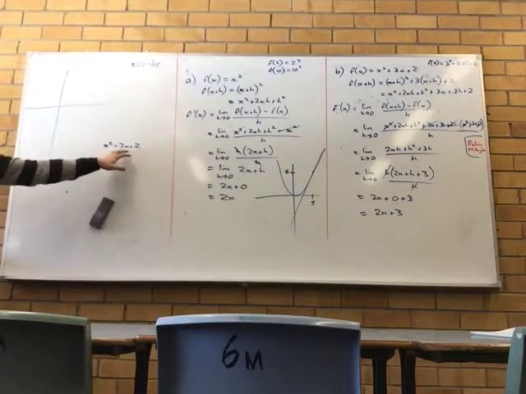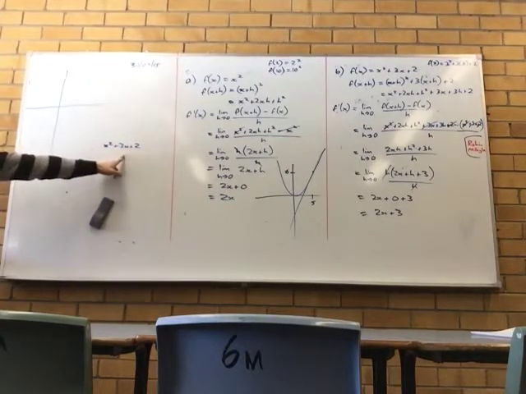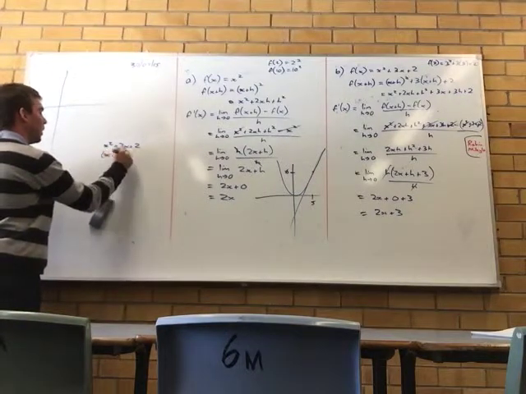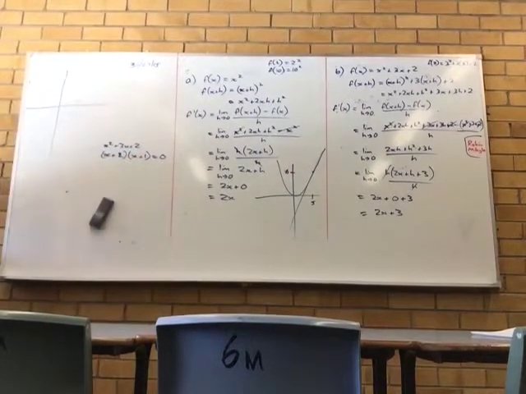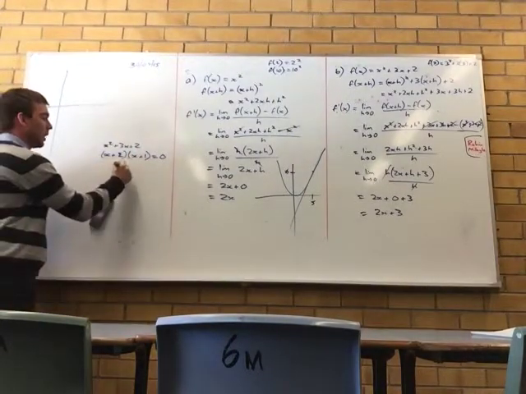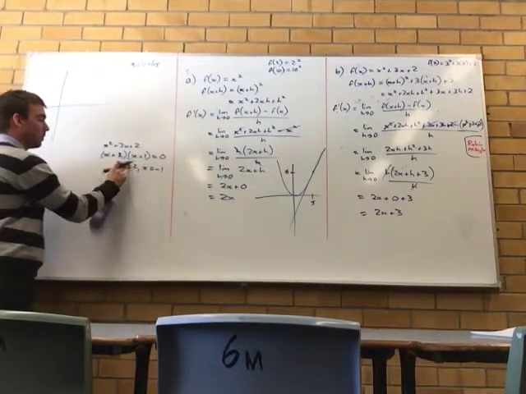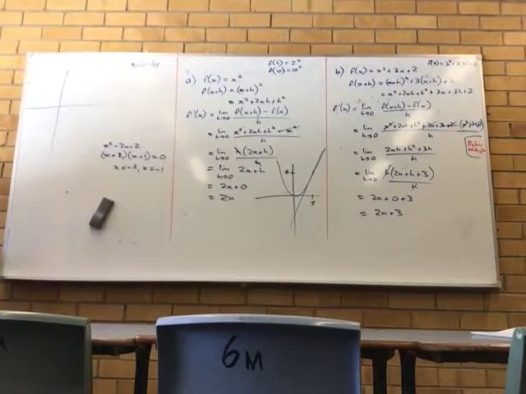We need to factorise. So two numbers multiply to give 2, and the same two numbers add to give 3. Alright, so x plus 2, x plus 1. So we're getting the y value, setting that equal to 0. So x equals negative 2, x equals negative 1. That's your factorisation from chapter 3, which will be applied in chapter 5.